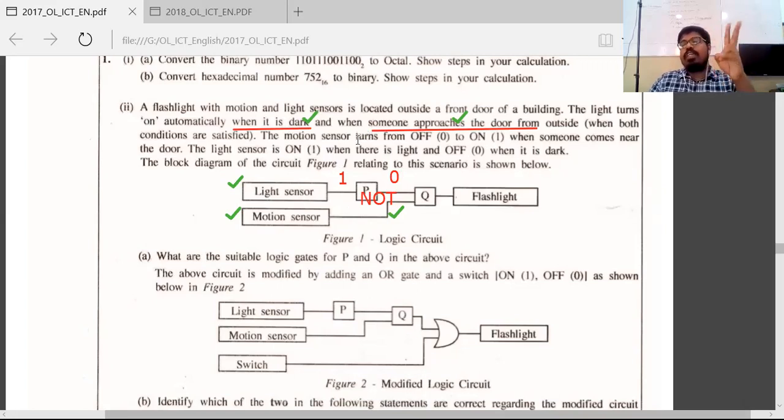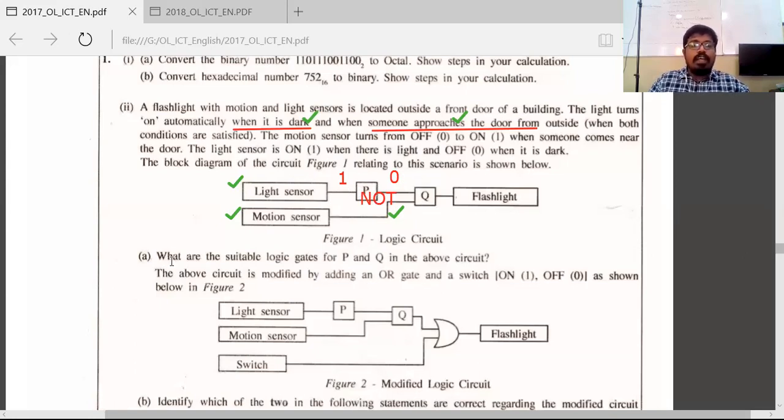Those two conditions we have to satisfy. So when it is dark, it's one condition, and someone is approaching the door, that will be the second condition, right? So in this case, we have to take NOT for the light sensor. Then it will be turned from 1 to 0. So it will be a NOT gate, right?